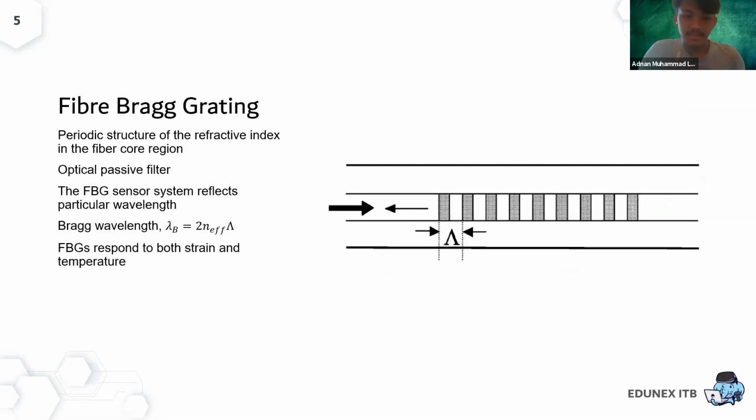So the fiber Bragg grating is one of several modes for OFS. As shown in the picture, FBG has a periodic structure of material with a specific refractive index in the fiber core region.